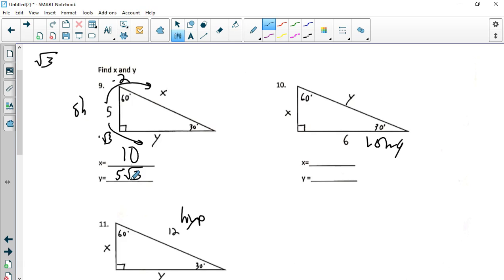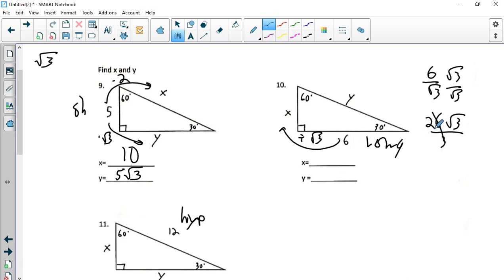Now the long side, remember, we always want to go to the short side before going to the hypotenuse. So if we're going from long to short, we're dividing. It's smaller. And our magic number is radical 3. So we're going to do 6 divided by radical 3. We have to rationalize. 6 radical 3 over 3.